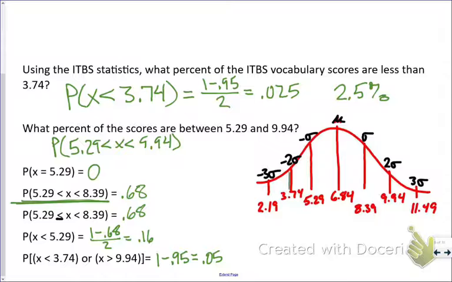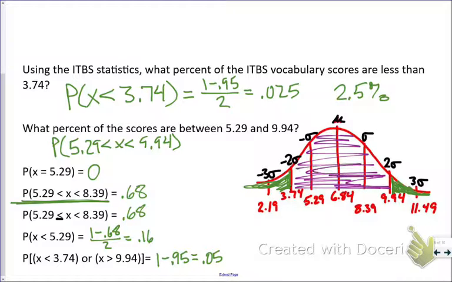I want this area or this area, and in stats and probability, we read or like an and, or like a plus. And I know the purple is 95%. So take 95 away from 1, and we have the green.